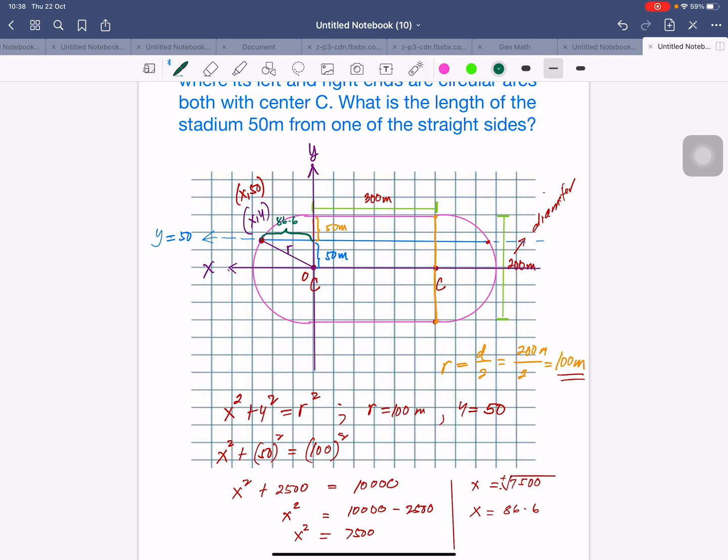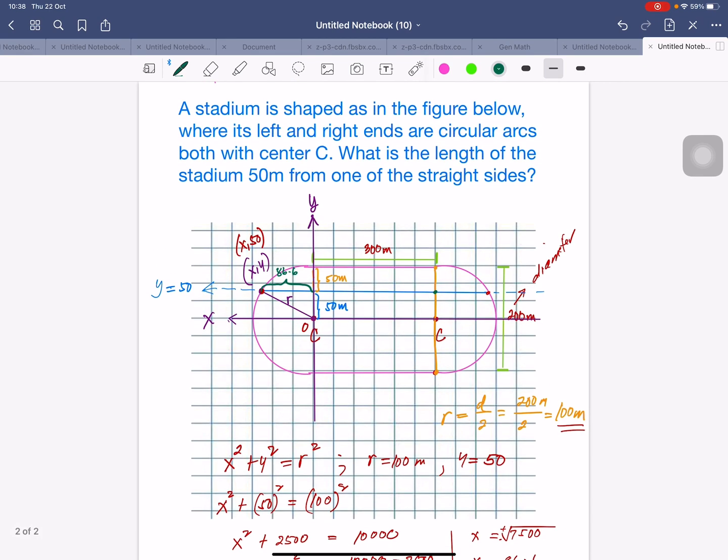And because they have the same measure on the other side of your stadium, this one is also 86.6.